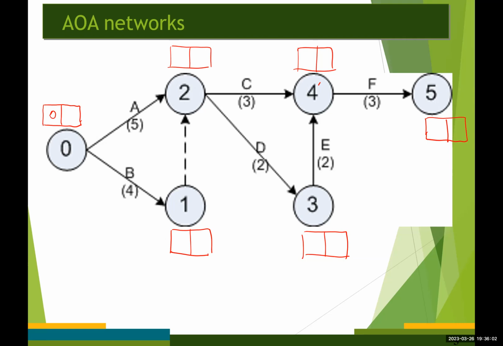For both activities A and B, the early start time should be 0, so I'm going to have 0 down here. And the earliest finish time for both activities A and B is going to be 0 plus the duration of that activity. So for A, it's going to be 5. For B, it's going to be 4.